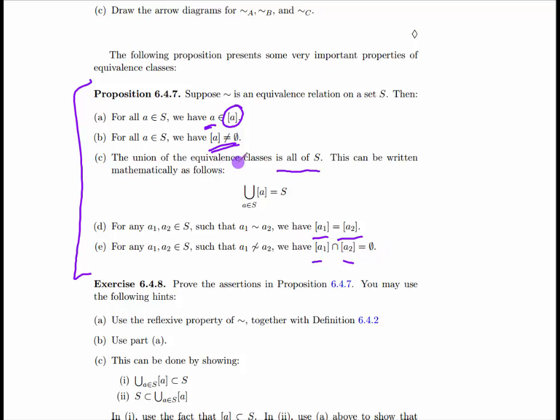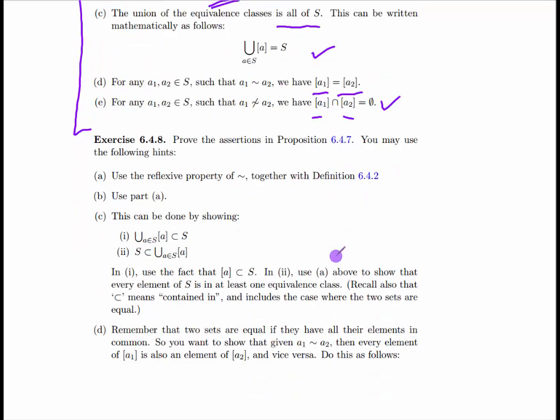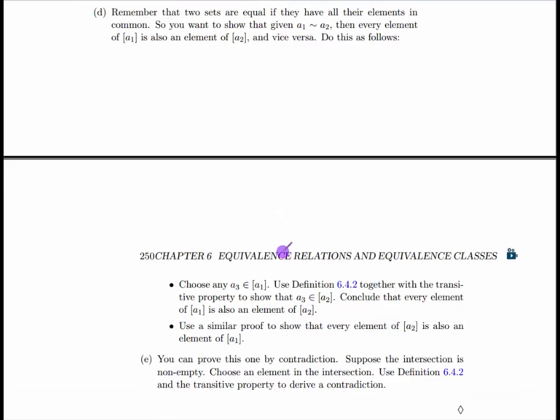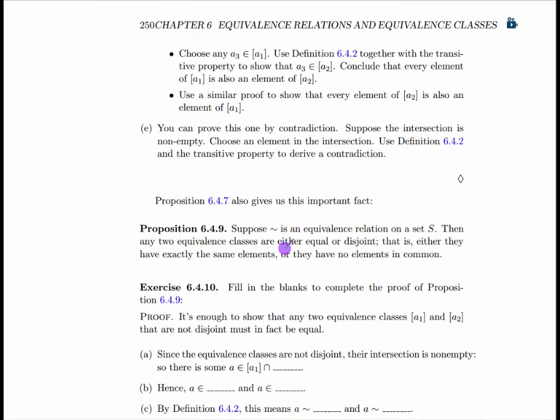So you can see from here and from here, it sure seems like we're showing that these equivalence classes form a partition. And in fact, that's exactly what we're going to show. So here are the steps of the proof and some hints that you can follow.